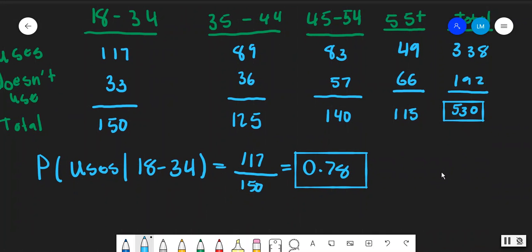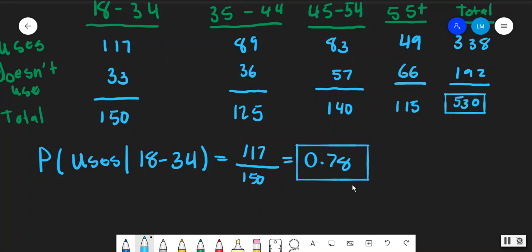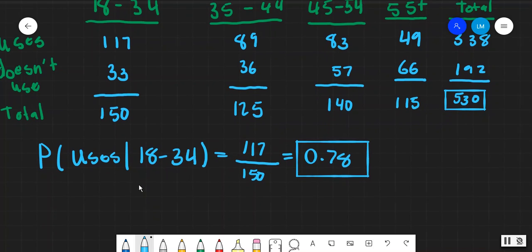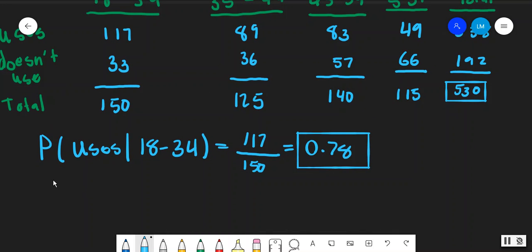So I would expect that if I looked at a similar item, like the probability that a randomly selected individual uses social media given that they're from the age group of 55 and up, it would be less.